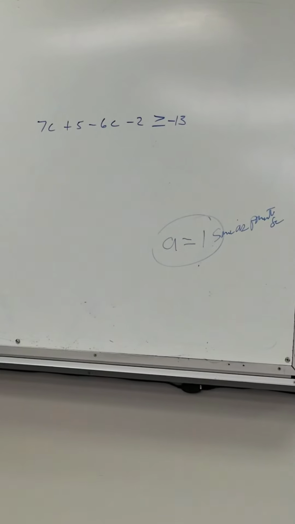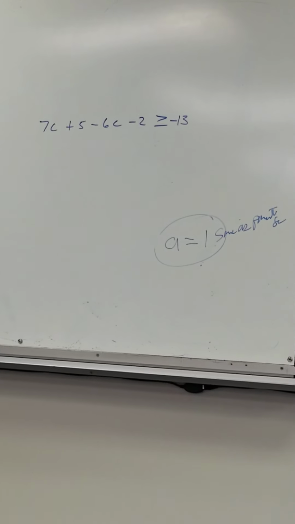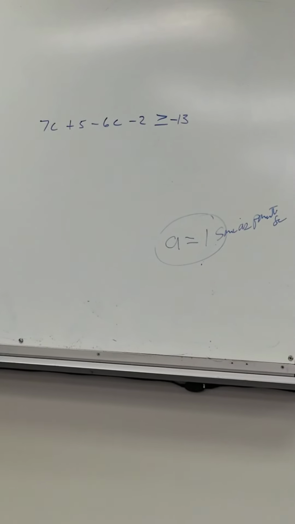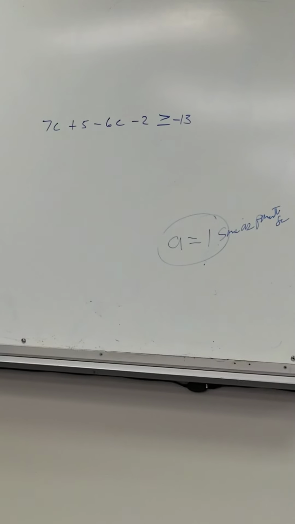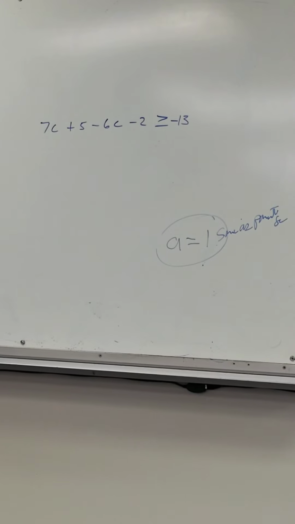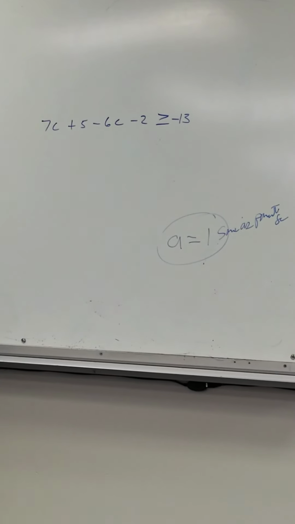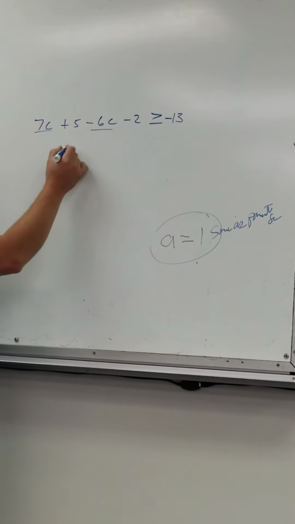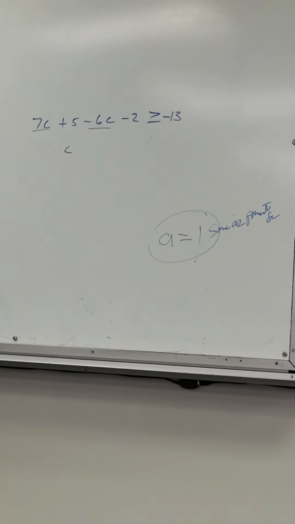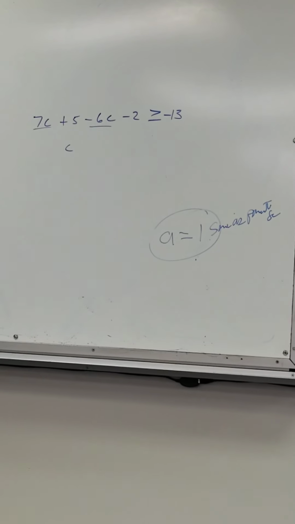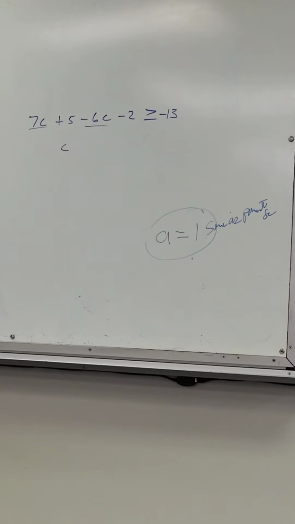Okay. All right. So, Ryder, what should I do? 7C minus 6C. Very good. Again, he notices they're on the what? Same side. I'm just going to add these like terms. That's going to give me just C. What else do you notice is on the same side, Brian?